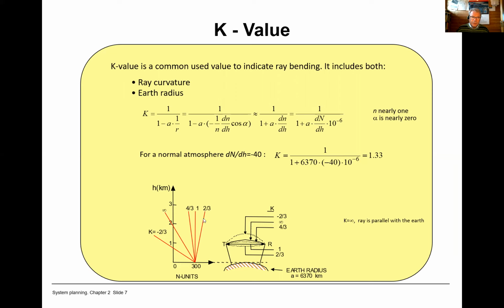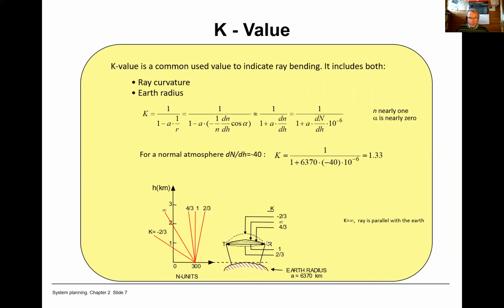And here you see different K values. This is 2/3, 4/3, which is 1.33, which is the normal K value. Here is infinite, and here is a negative K value. And here you see the ray bending relative to the Earth for different K values. You see that for infinite, the wave bends with the same radius as the Earth.